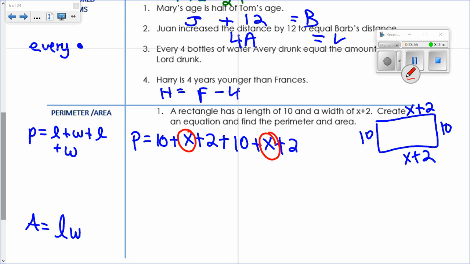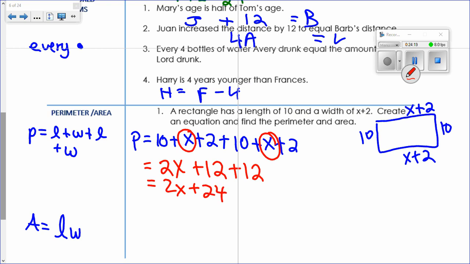You guys didn't do so well in combining like terms. Everything else are just numbers that you can add together. So I have 2 x's. What's 10 plus 2? 12 plus 12. 24. Here's my final answer.